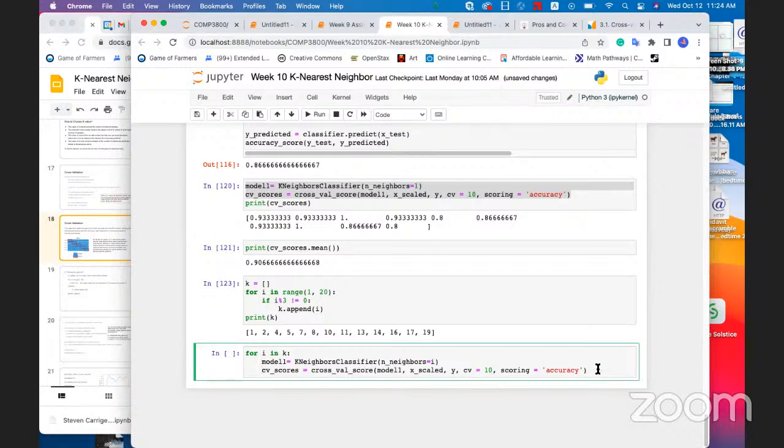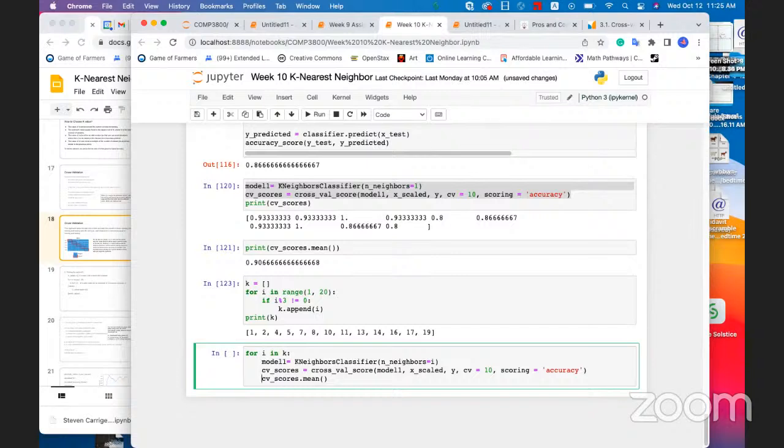Good. And then I want to get the CV scores, and the mean value of the score. However, because I want to get all the mean accuracy of these models, this one gives me a number for the accuracy score when i equals 1.